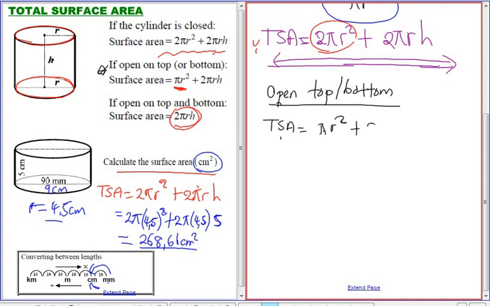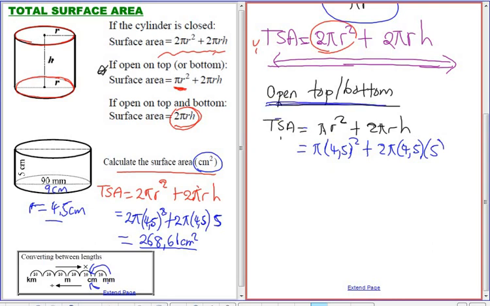Okay, and then you say 2 pi r h. So it's that simple. Life is supposed to all the time be that simple, especially if we are doing math. So let's not forget that our radius was 4.5 here, and then 2 pi, it's still 4.5, and our height happens to be 5. So make it a point that you understand this one.